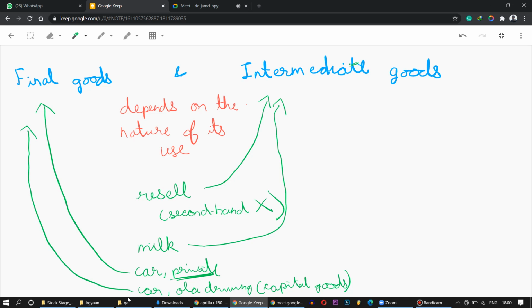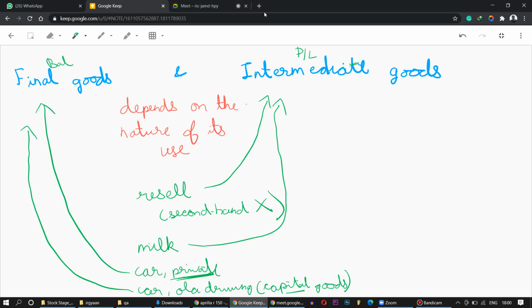Except stock, everything else will be a final good. Land, plant and machinery, equipment, cars, vehicles, trucks, all of that will be your final good, but a final capital good. Got it? And raw materials and whatever comes in the profit and loss account will be intermediate.